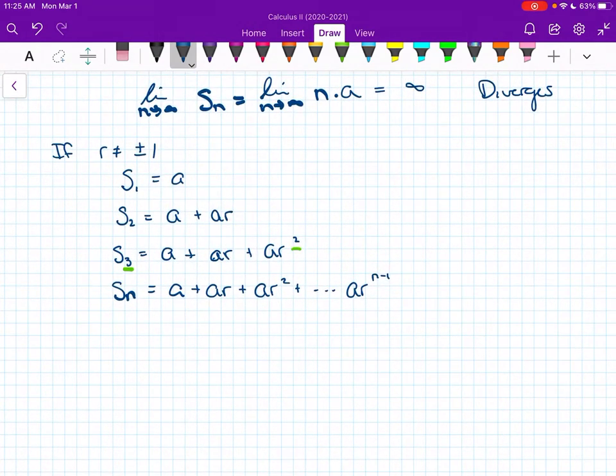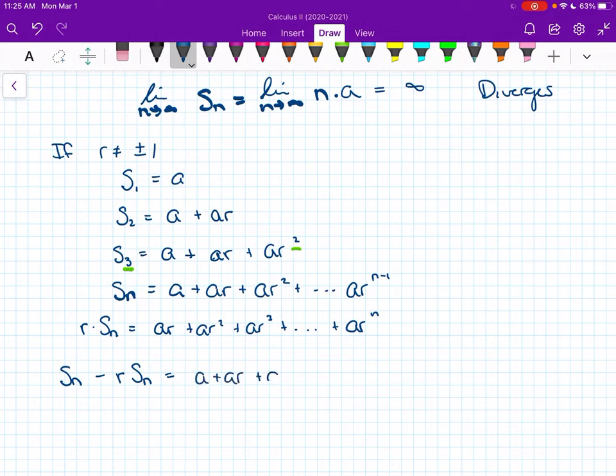And if I multiply both sides by r, then I get r times s sub n equals ar plus ar squared plus ar cubed plus dot dot dot plus ar to the n. All right. And so now I'm going to subtract this second equation from the first equation. So I'm going to take s sub n minus r times s sub n.